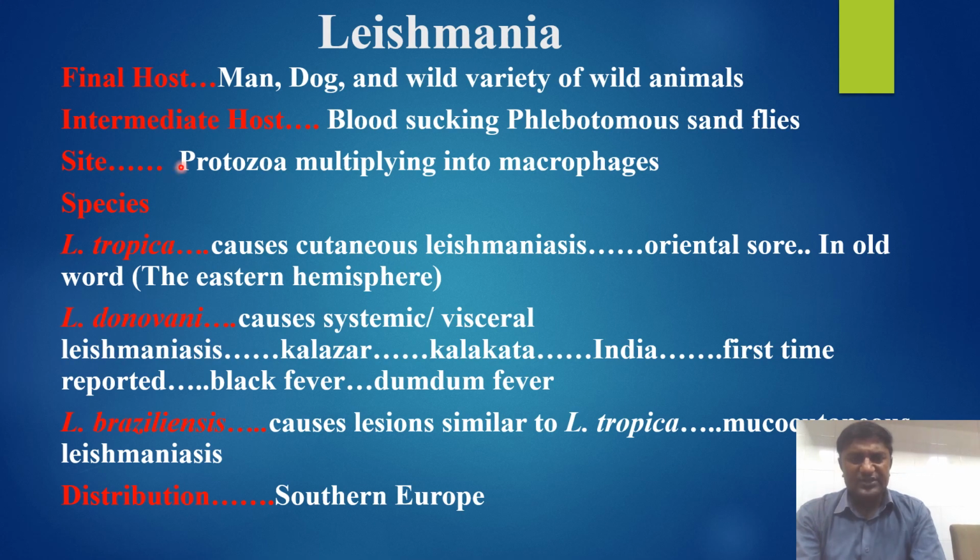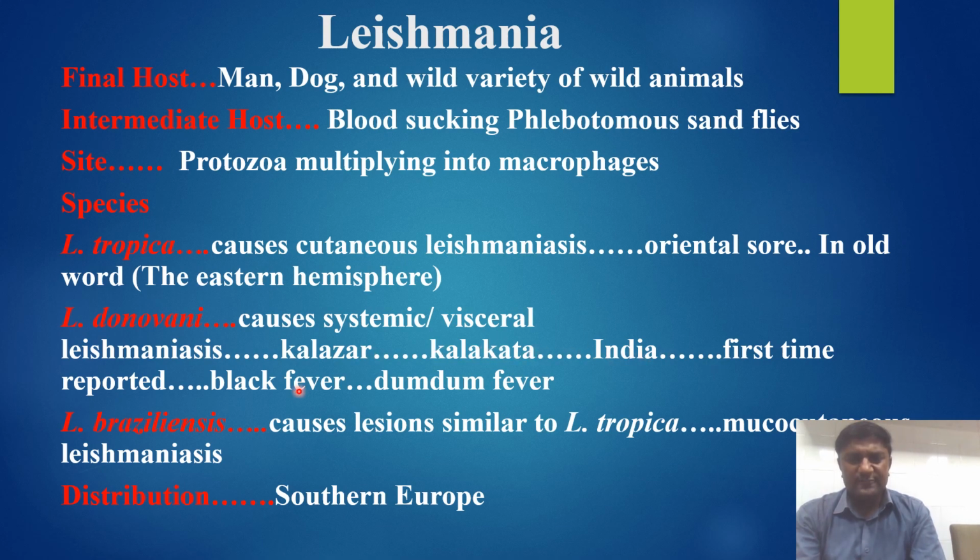The site of infection is that the protozoa multiply in the macrophages. Leishmania tropica causes cutaneous leishmaniasis, also called oriental sore in the old world, the eastern hemisphere. Leishmania donovani causes systemic or visceral leishmaniasis. It is also called Kala-Azar, first reported from Calcutta in India.